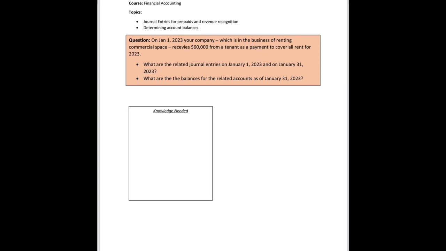All right? So what are the things that you're going to need to know to be able to actually answer this question? Well, there are a few things you're going to need to have an understanding of. First is when and how to account for prepaids and revenue recognition.